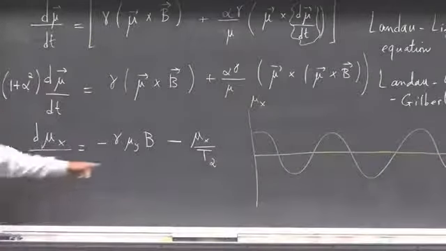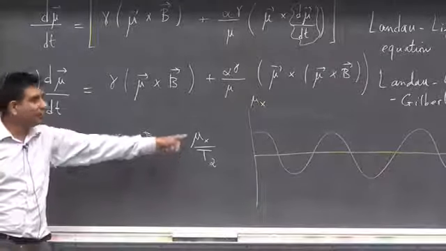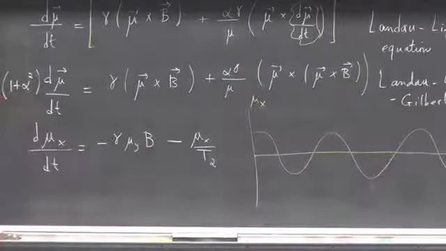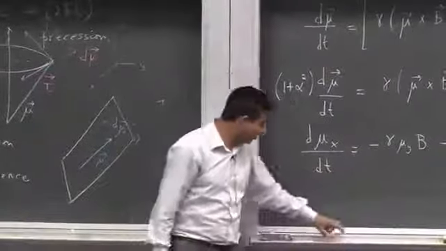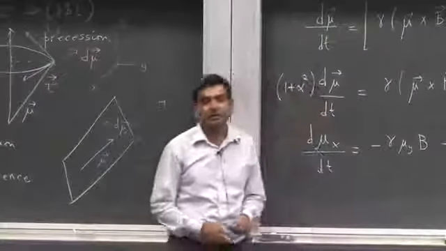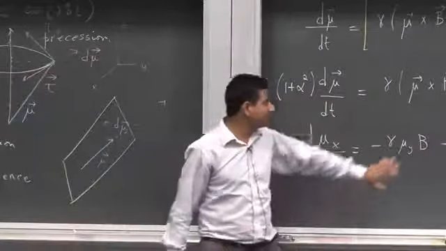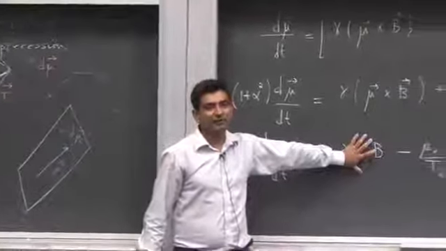Now what's going to be the effect of the addition of this term on this magnetic moment? Damping, alright? An exponential damping. Suppose I don't have this. You solve this equation, you get a damping term.